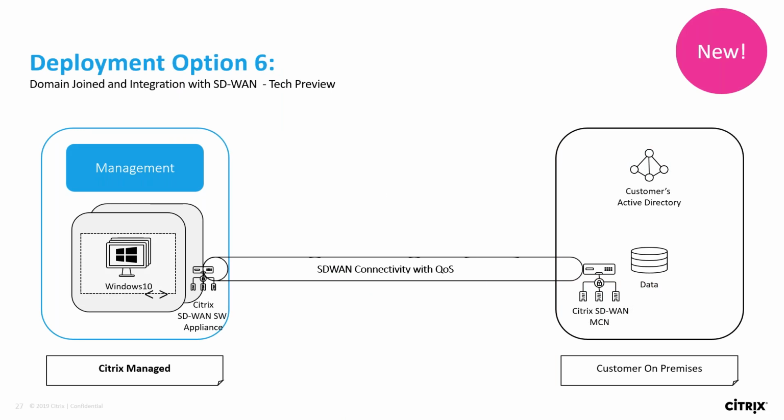Now, yes, this requires SD-WAN on both sides. However, what makes this great is the fact that you can now not only streamline the traffic going from their edge to your edge, but you also don't need, what's not on the slide right there, an Azure subscription. So this truly negates the need for an Azure subscription.